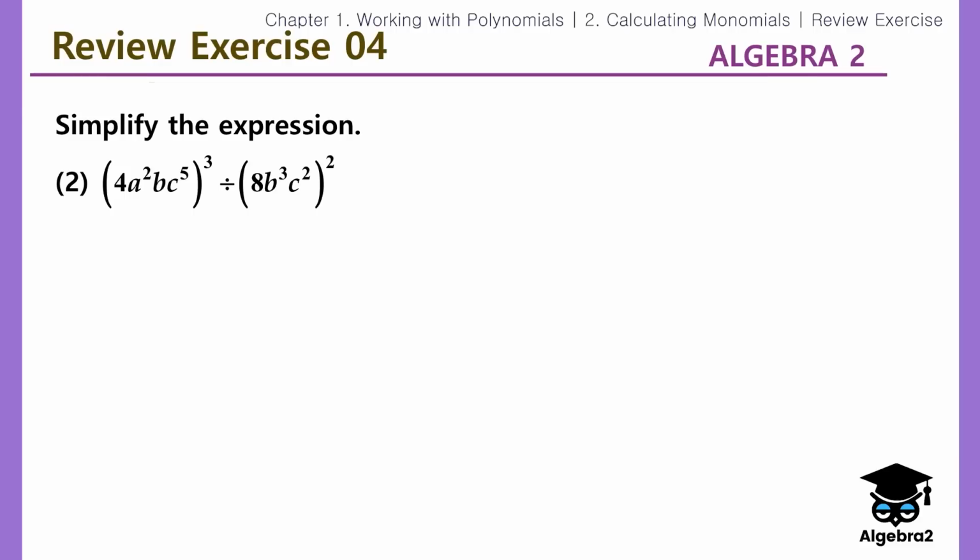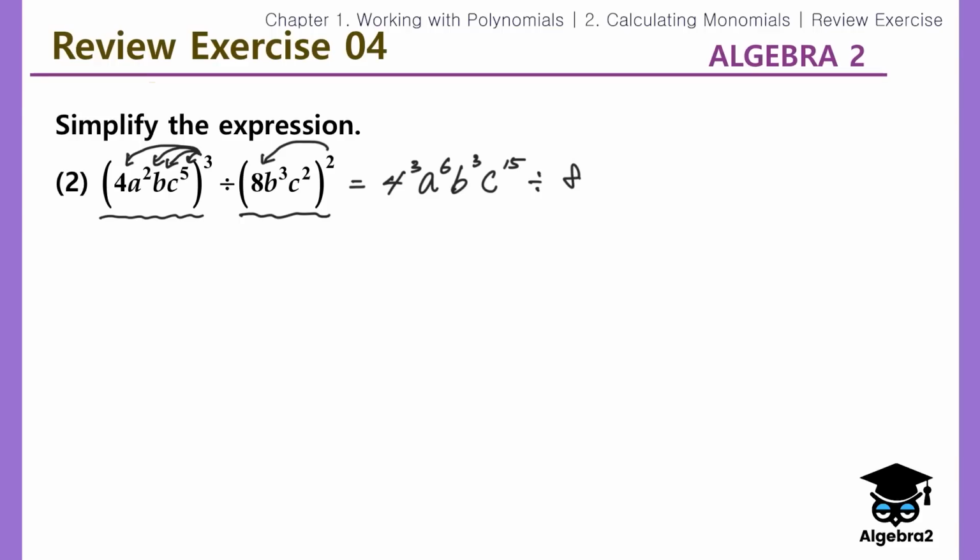Number 2. Okay, first, let's eliminate these parentheses. So that is equal to 4 cubed, a to the 6, b cubed, c to the 3 times 5, c to the 15, divided by 8 squared.